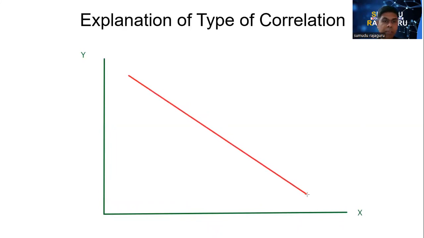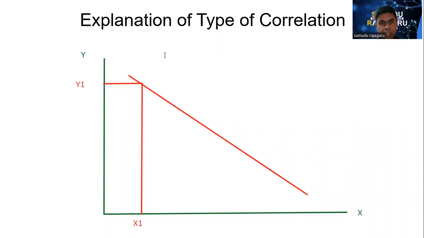Now we see what happened. I'll take a particular x value, this point. This is x1. Then the particular y value is y1.